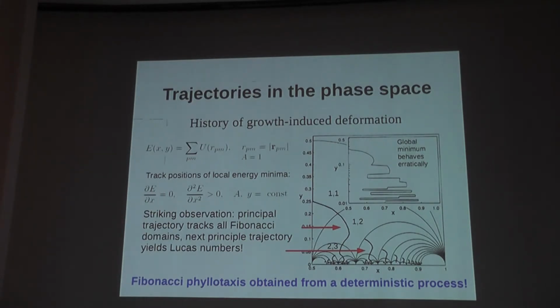Take the lattice on the cylinder and start squeezing it, and track the energy minimum. This function, which is a function of x and y, will have some complicated dependence on x and y, but at fixed y, the squeezing parameter, I can look for the minimum in x, and then I can track these minima as y decreases, and draw trajectories, and the trajectories turned out to be very interesting.